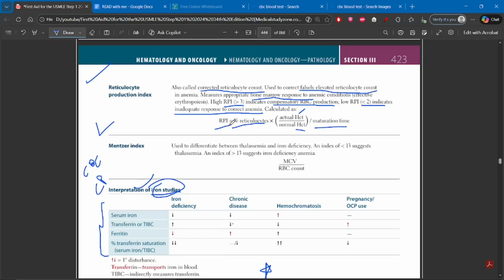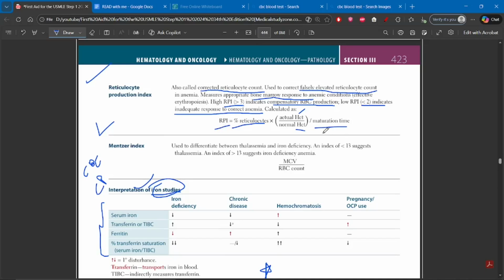Normally, what they do is they just give you a reticulocyte production index in the question, right? Or if they want to make the question a bit difficult or a bit tedious, they will give you the reticulocyte percentage, and then they might give you these values and ask you some other concept for which you need to calculate this. So this is going to be one of the two steps to solve that question. So that is how the questions come.